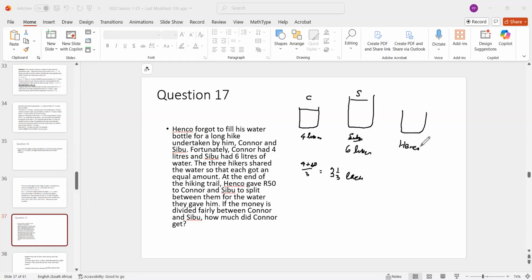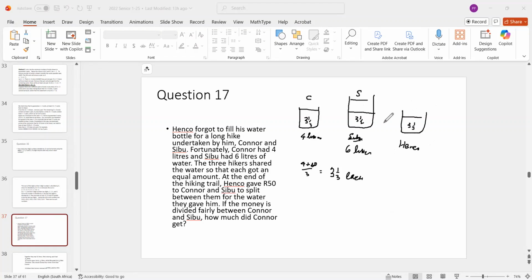Henco had nothing in the beginning, right? So they give him 3 and 1/3 liters, and they keep 3 and 1/3 to themselves.